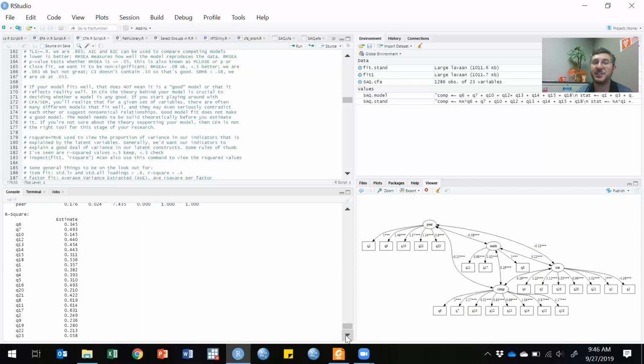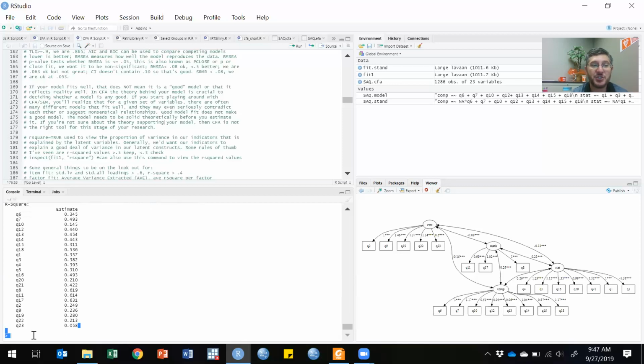So remember, the communalities represent the proportion of variance in the indicator that's explained by the latent variable, and generally we want to see that the latent variable is accounting for a good deal of variance in our indicators. Some rules of thumb I've seen before: you want these to be greater than 0.5. If they're greater than 0.5, that indicates we should keep that indicator. Usually if it's less than 0.3, we might want to say, hey, what's going on?